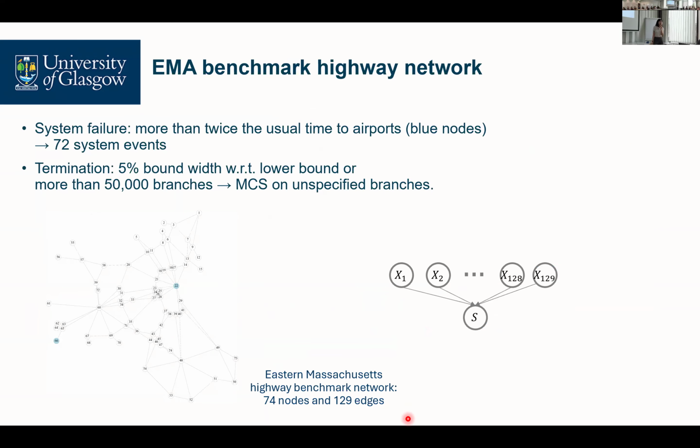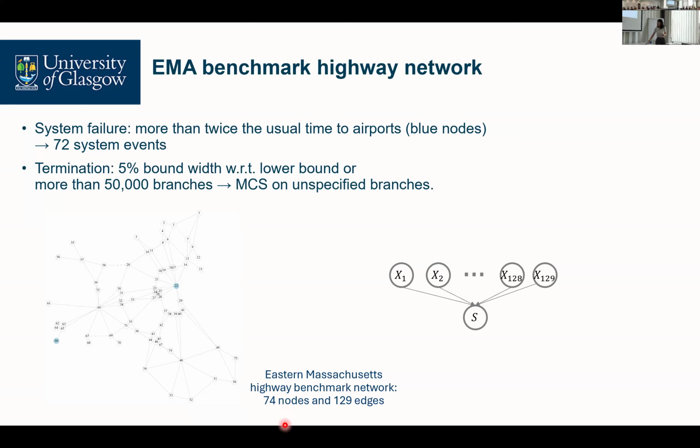Then now the question is how consistently this BRC algorithm works for different types of systems and complexity. To test this, we analyzed the EMA highway benchmark network with 74 nodes and 139 edges, and we set these 139 edges as component events.